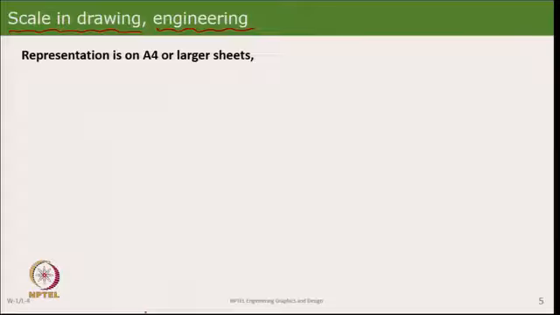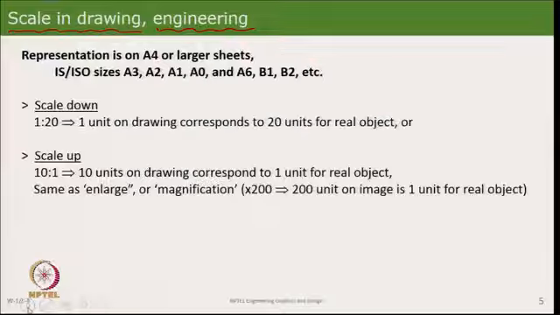So, we could say that I want to show the drawing on an A4 sheet. We have already seen what the size is, or we have an option. We could go for bigger sheets. Twice the size of A4 is A3, twice of that is A2, twice of that is A1, twice of that is A0, and then we could even have bigger sheets beyond that.